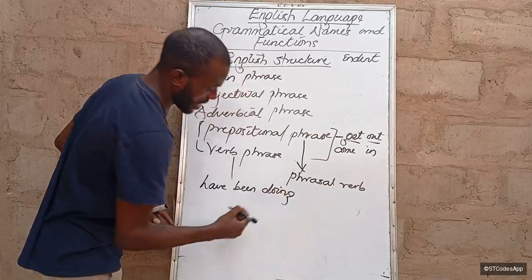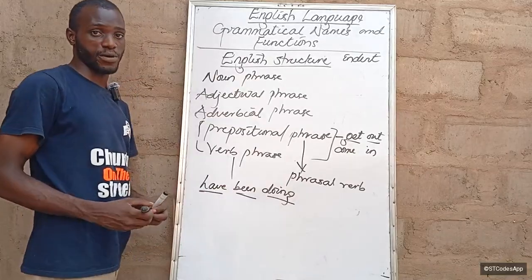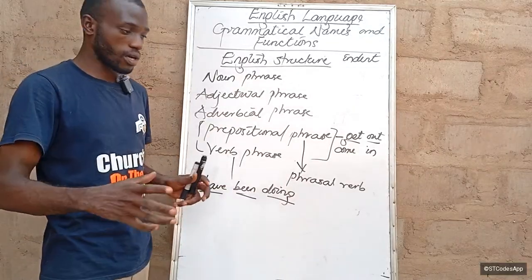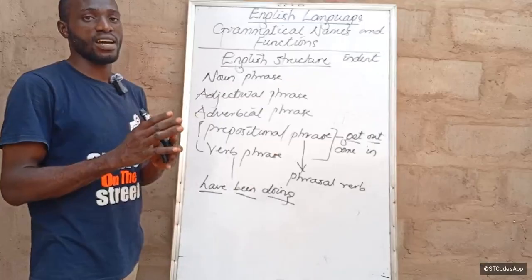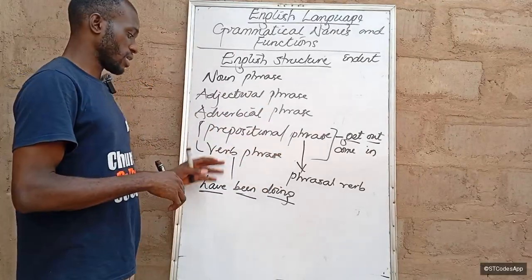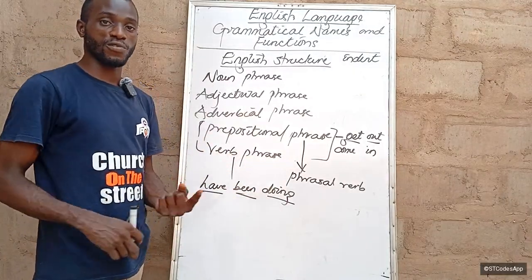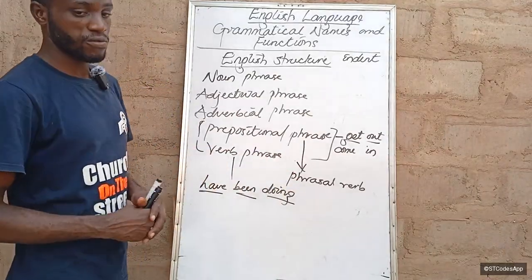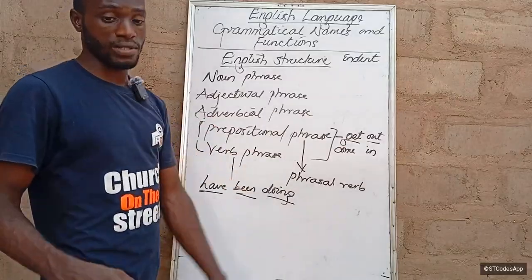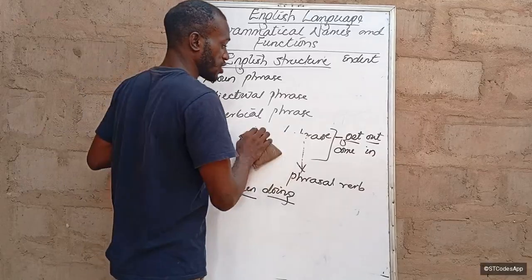You see there are three verbs here: have, been, doing. These three verbs are together, so we call them a verb phrase. That is a cluster of verbs, many verbs together, still functioning as a verb. But when we have a verb and a preposition functioning as a verb, that is a phrasal verb or a prepositional phrase. So you see why we no longer count these as forms of phrases again. So we are using just these three.